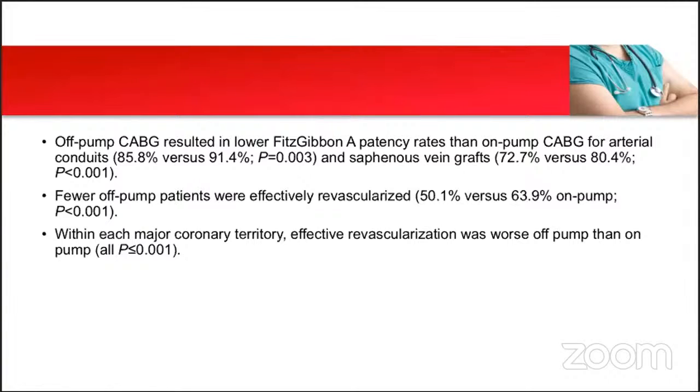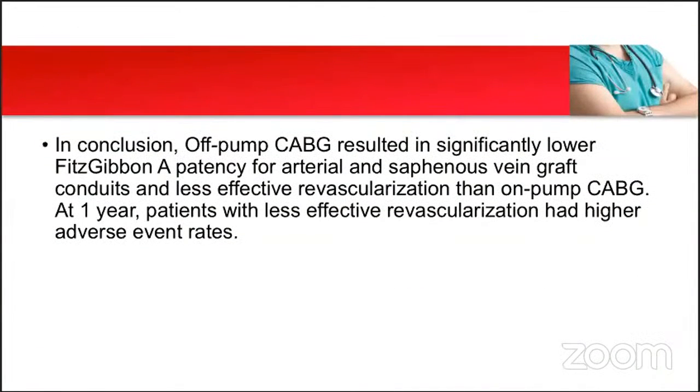So based on these initial findings at 1 year, graft patency being lower in the off-pump Cabbage, lots of questions were raised about the long-term efficacy and durability of this technique. So they conducted a 5-year follow-up study for the initial Ruby trial.